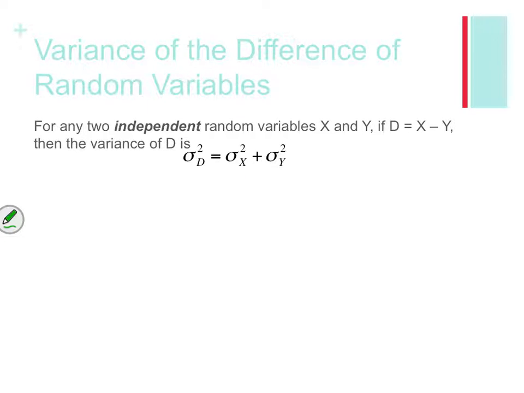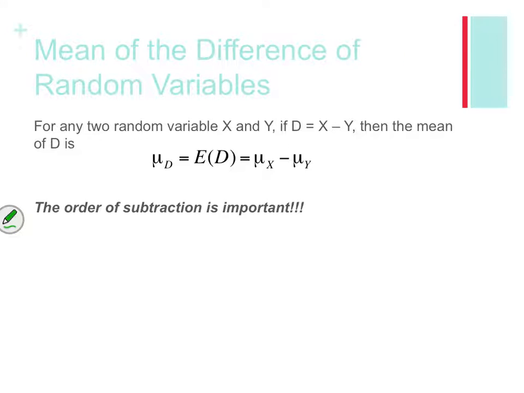Okay. So now let's talk a little bit about standard deviation. Obviously this is where things tend to get a little bit more complicated. Earlier we saw that the variance of the sum of two independent variables is the sum of their variances. Can you guess what the variance of the difference of two independent random variables will be? Well, if you were thinking something like the difference of their variances, you are actually wrong.